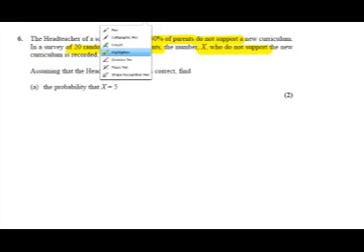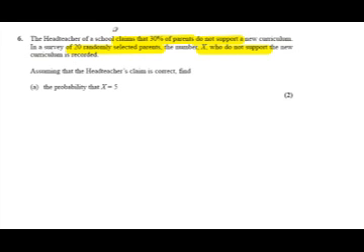Okay, and that should be enough for us to get going. Assuming that the head teacher's claim is correct, then X will follow a binomial distribution of 20 and 0.3. All right, happy with this. I know that this appears in the tables, and any cumulative probabilities I can use the tables for.